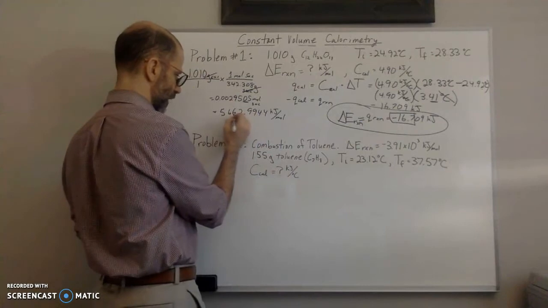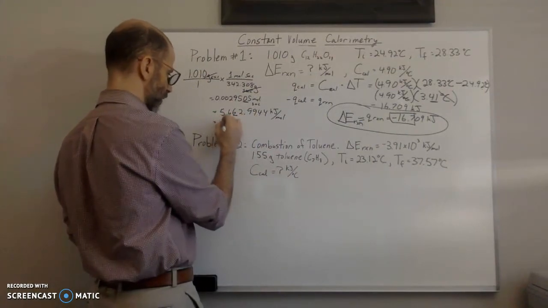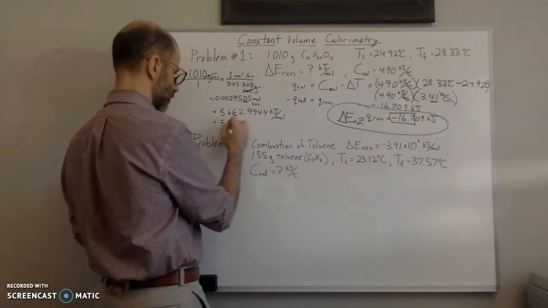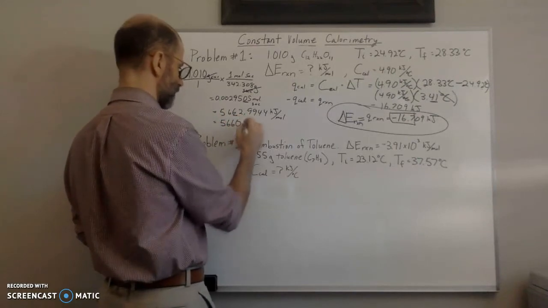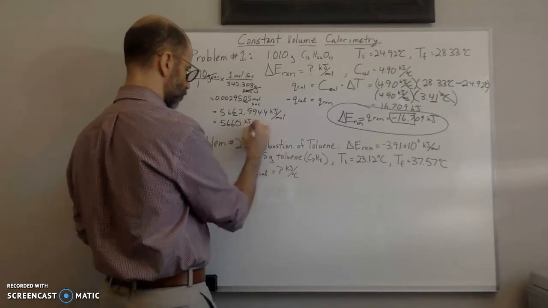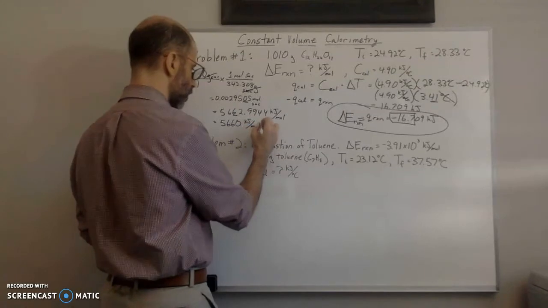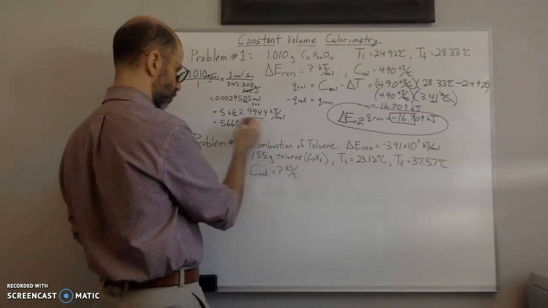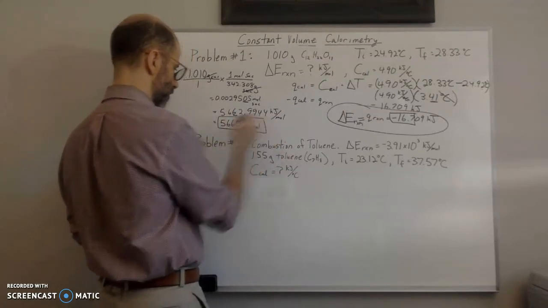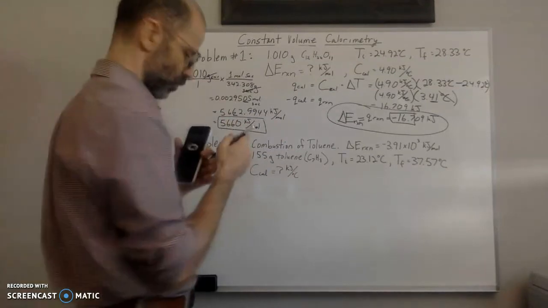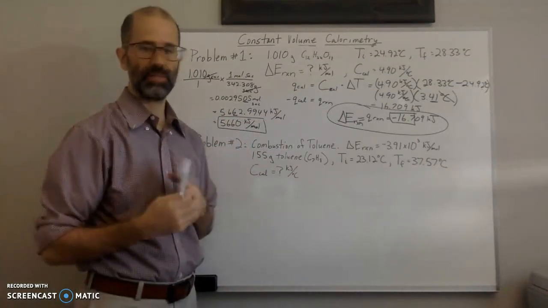So 566, so we got to end it there. So our final answer is going to be 5,660 kilojoules per mole. So per mole of sucrose burned, we get 5,660 kilojoules of energy.